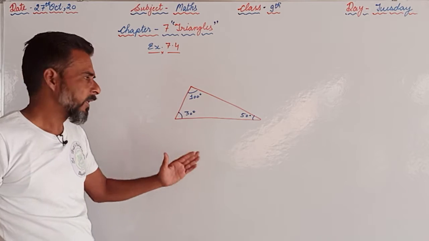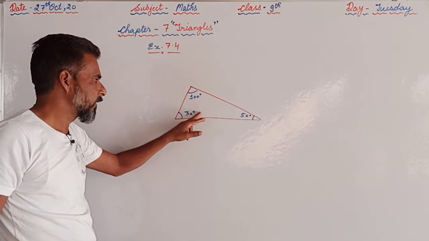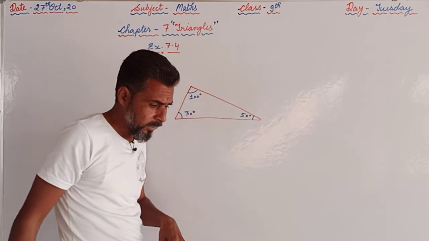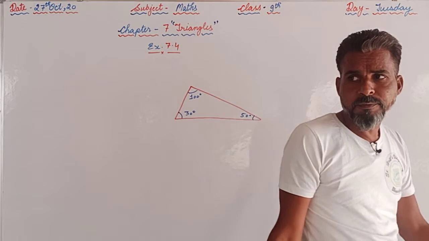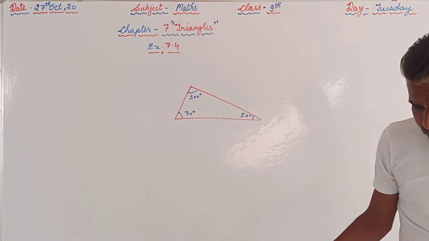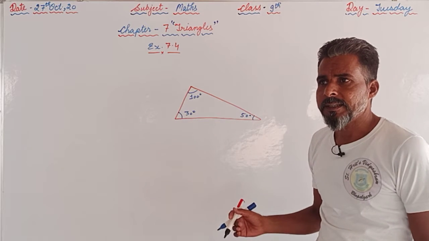So the angles are given like that: 100 plus 30, 130 plus 50, 180, and as we know from the angle sum property of the triangle, the sum of the angles of a triangle is 180.